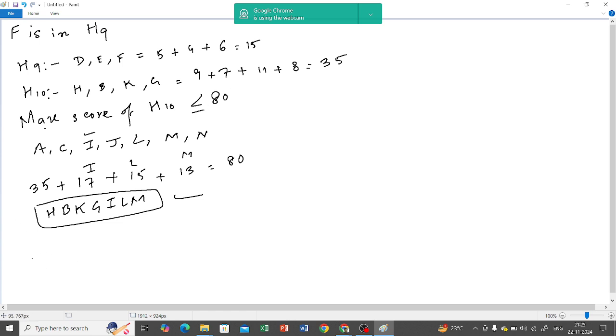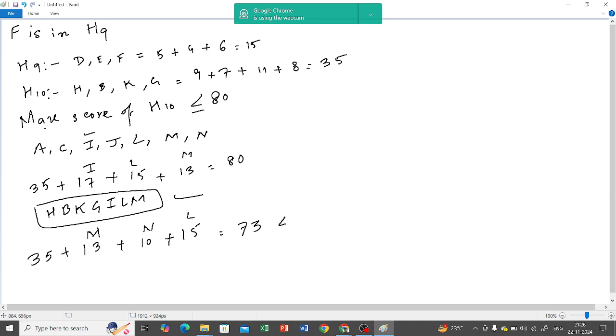Another case is now again 35 plus. I need to place 3 more players, so that I get less than or equal to 80. Whom can I place? Let me try to place M, which is 13, plus let me try to place N, which is 10, and let me try to place L, which is 15. So this is L, this is N, and this is M. So I'm getting 73, right?